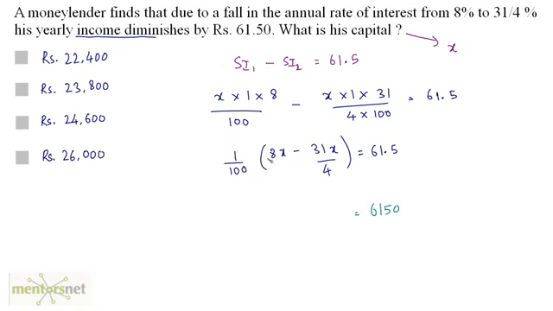On the left hand side, I have 8 4s are 32 minus 13x, and that's x by 4. Therefore, x is equal to 6150 times 4, and that is equal to 24,600. So the capital amount of this moneylender is 24,600, and that is in option C.